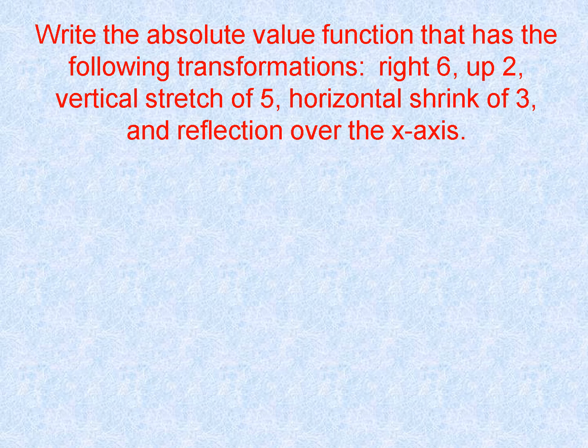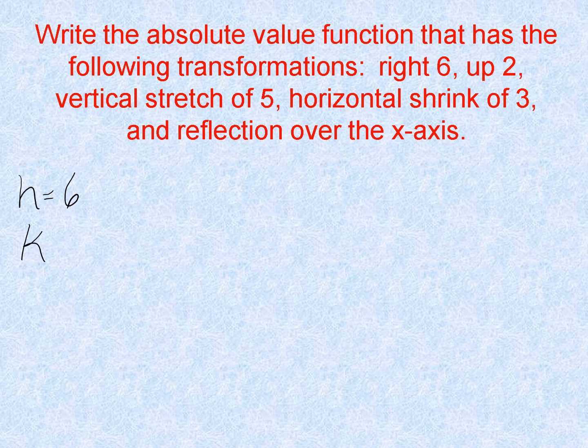All right, so they want us to write the absolute value function that has the following transformations: right 6, up 2, vertical stretch of 5, horizontal shrink of 3, and a reflection over the x-axis. Goodness gracious. So right 6 tells me that h is positive 6.